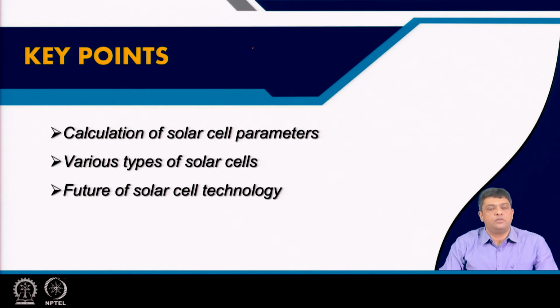The key points you will understand after attending today's lecture would be the various processes or steps involved to calculate the parameters relevant to solar cells, the types of solar cells, and the future of solar cell technology.